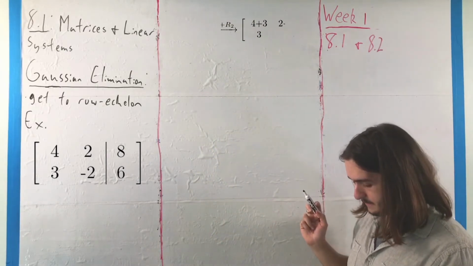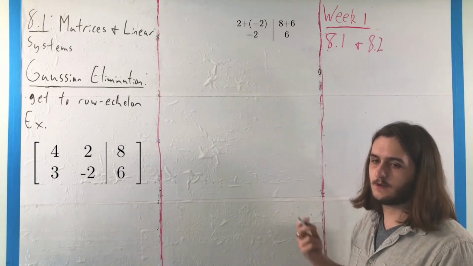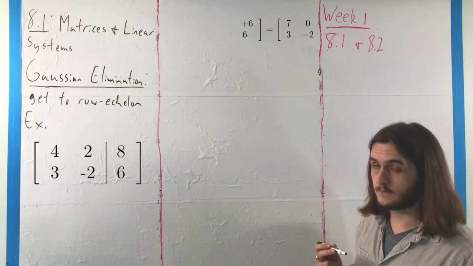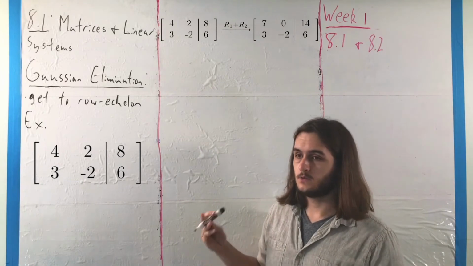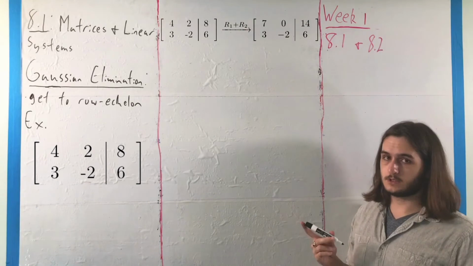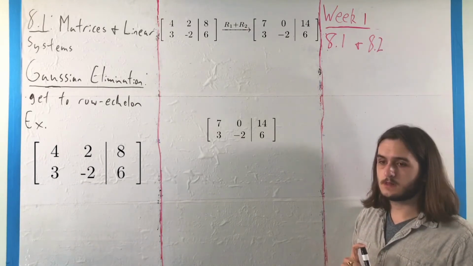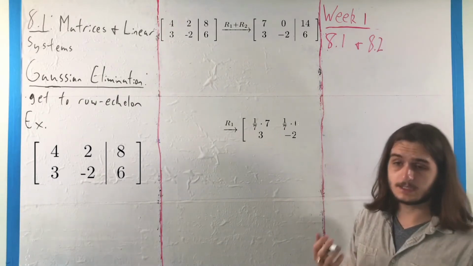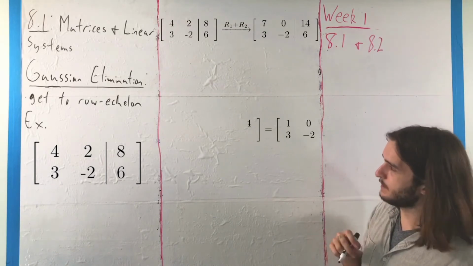And what we'll end up with is that the coefficient for y, the 2 in the first row, will be removed. And from that, we can take another fairly basic operation. What we can do is divide row 1 by 7. That is to say, we multiply row 1 by 1/7.